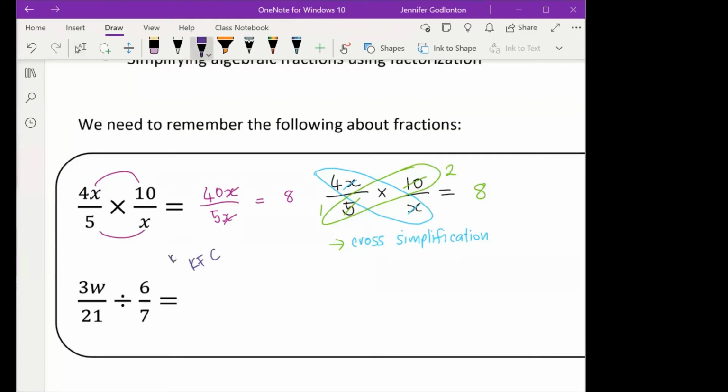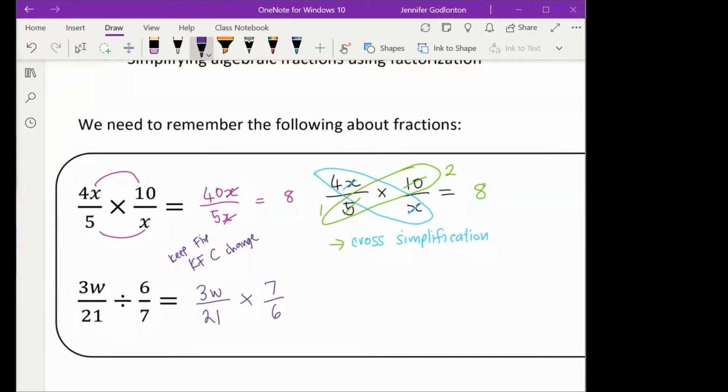K stands for keep. Then we've got flip and change. Okay, so when we have a division of fractions, we think of KFC. So we keep the first fraction, we flip the second fraction, and we change the sign. That's what we do when we have a division situation.